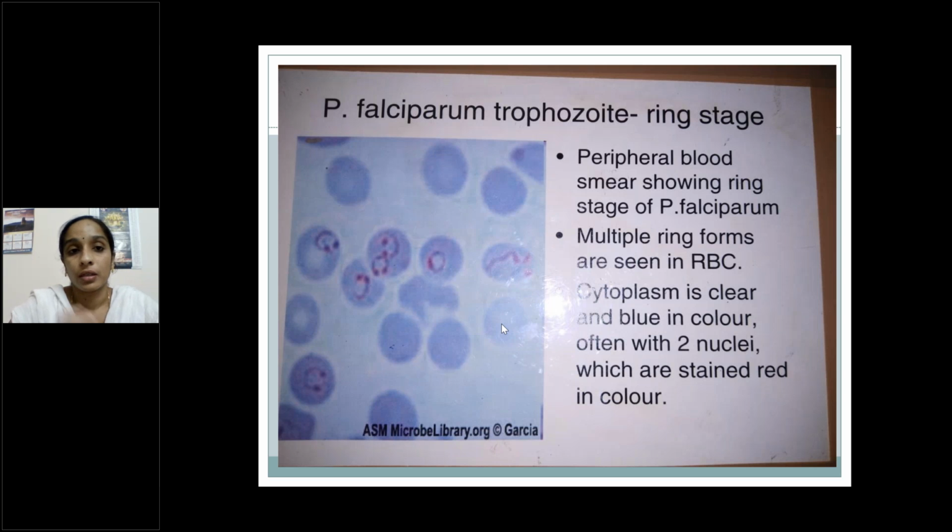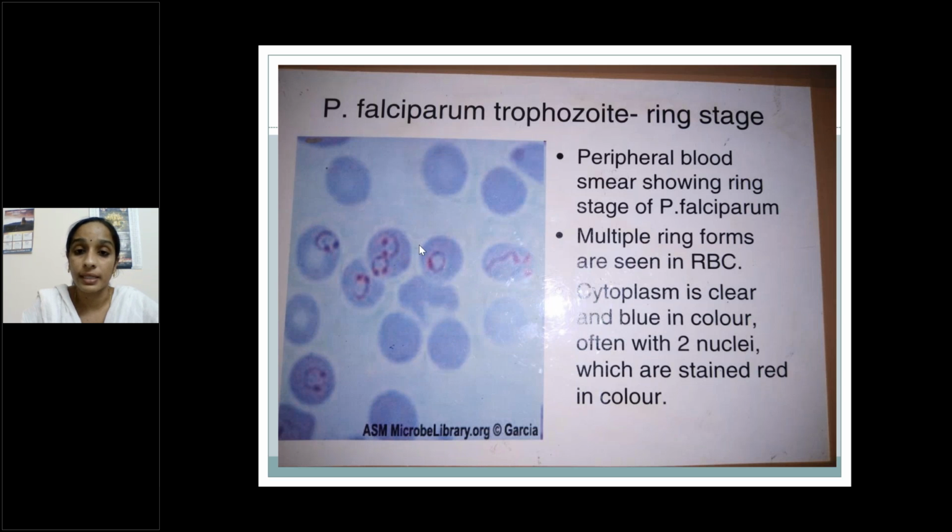Next, see the ring form of Plasmodium falciparum. Another important point here is that the falciparum species produces multiple rings in one RBC.